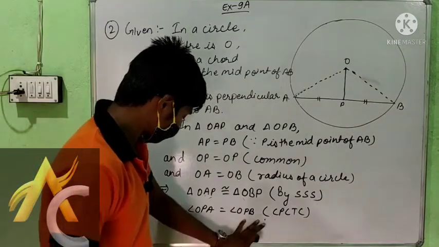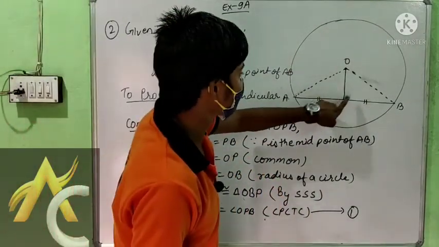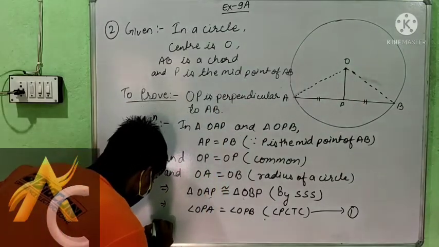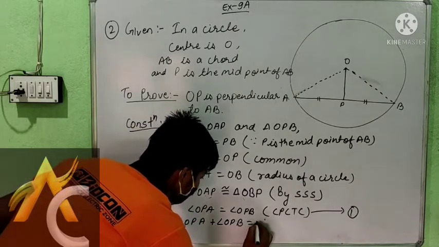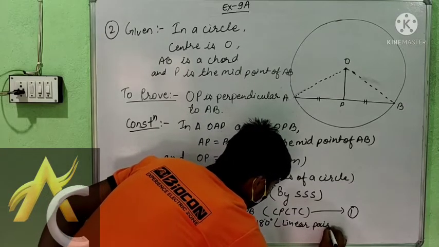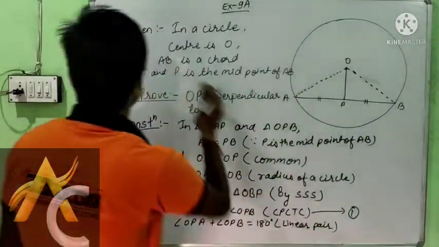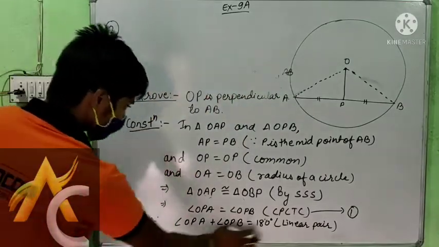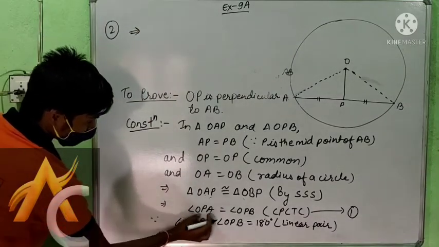Now we take it as equation number 1. Since these angles are a linear pair, the sum of these angles is equal to 180 degrees. Angle OPA plus angle OPB is equal to 180 degrees. Reason: linear pair. From equation 1 we can write OPB in the position of OPA.